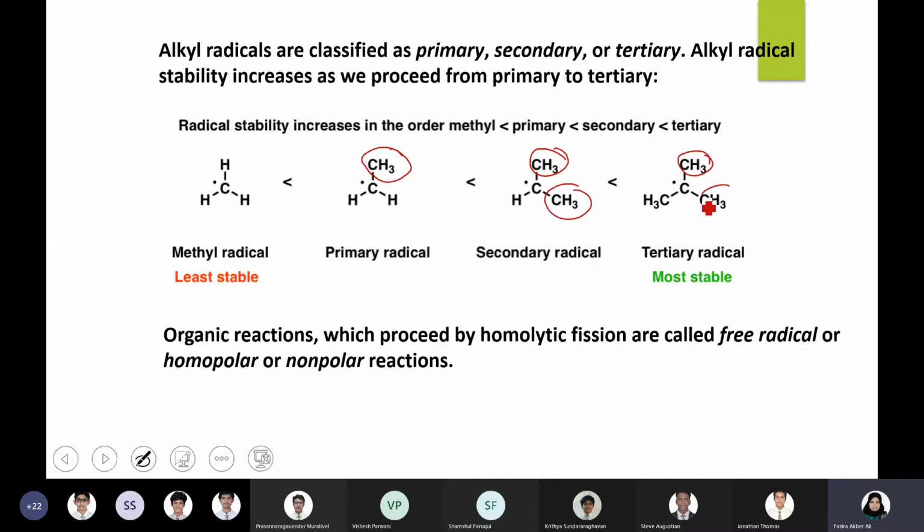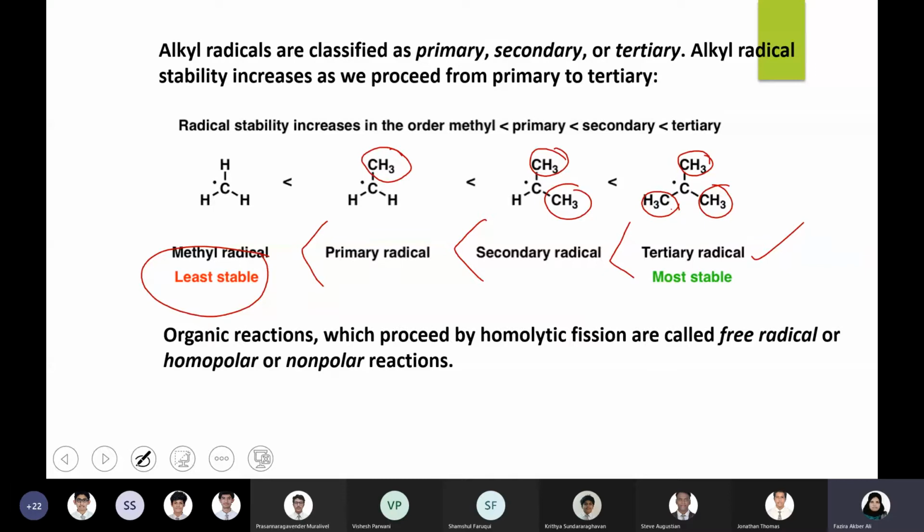And if you have three alkyl groups, it is a tertiary free radical. The stability is also in exactly the same order as in the case of carbocation. Tertiary radicals are more stable, and the least stable will be the methyl radical. So tertiary, then secondary, then primary, and the least is the methyl radical.